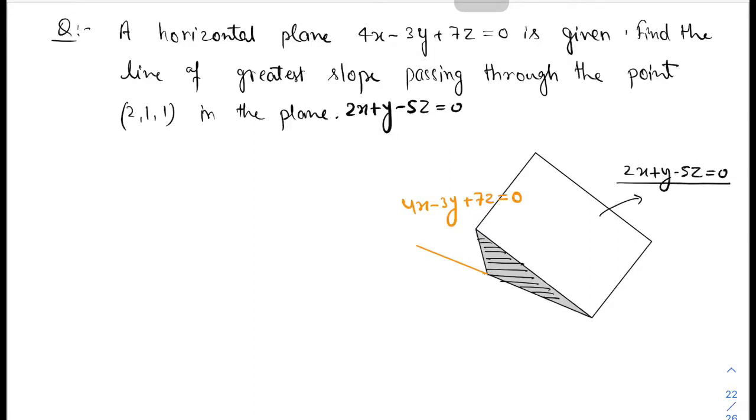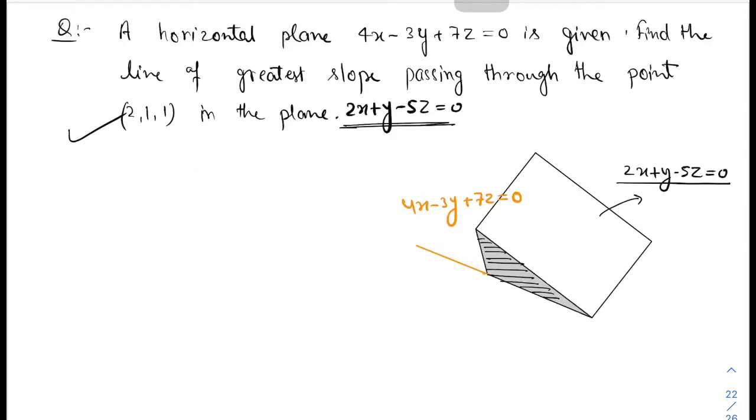We are required to write the equation of such a line which is passing through the point 2, 1, 1, which is also in the plane 2x plus y minus 5z equal to 0. You can easily see that 2, 1, 1 satisfies this equation: 4 plus 1 minus 5.